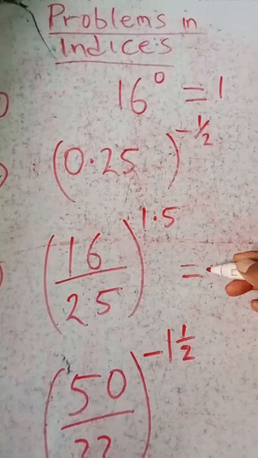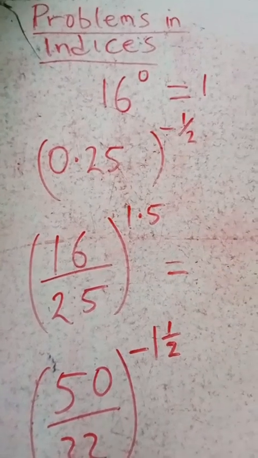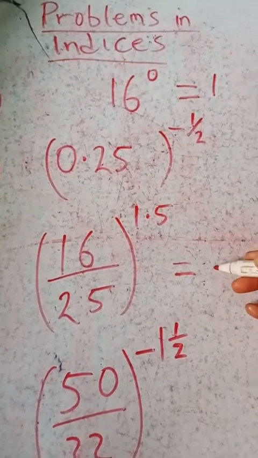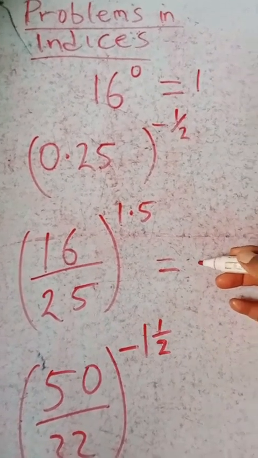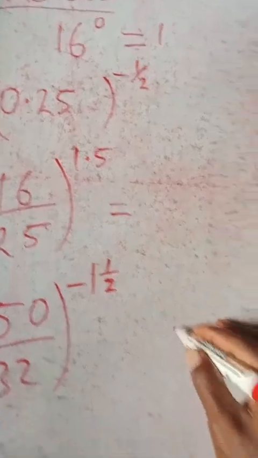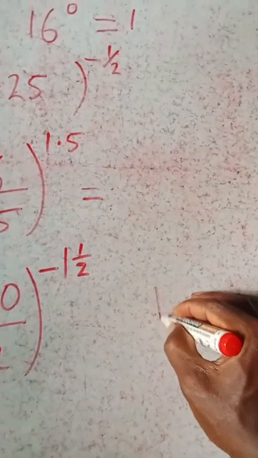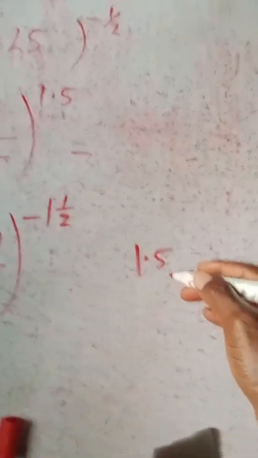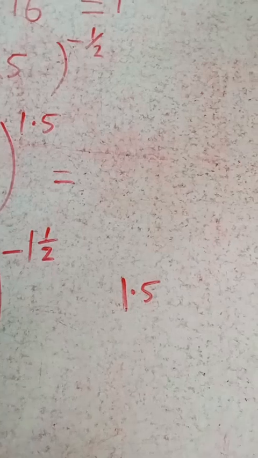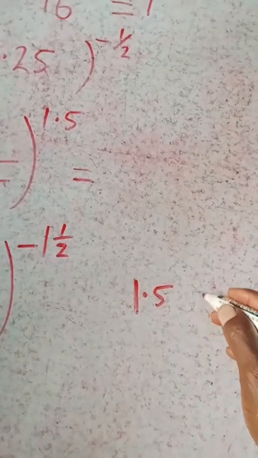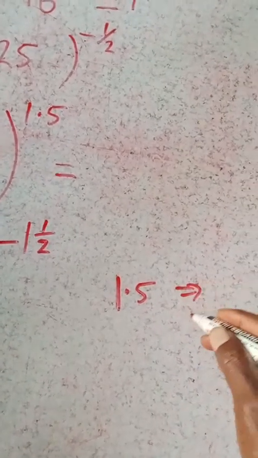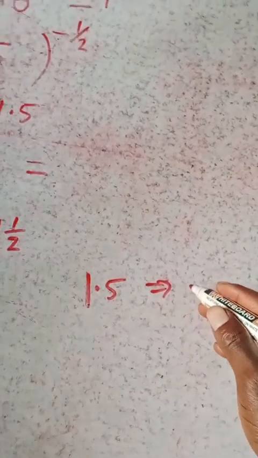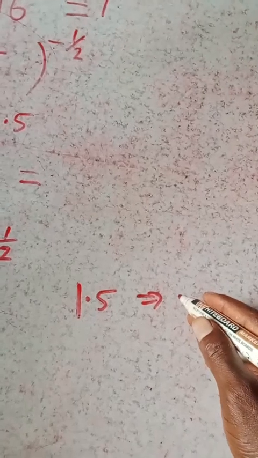So what is the simplest fraction that will result in 1.5? How do you do it? Let's say you have 1.5. I told us that in converting decimal to fraction, you write the significant figures.